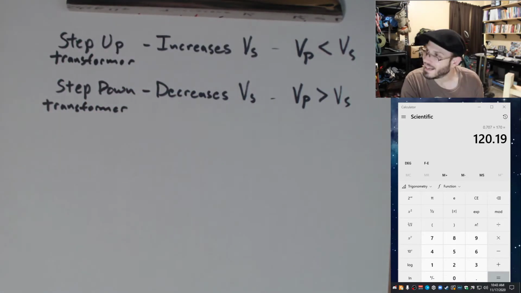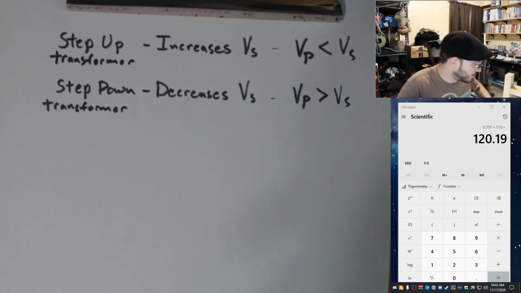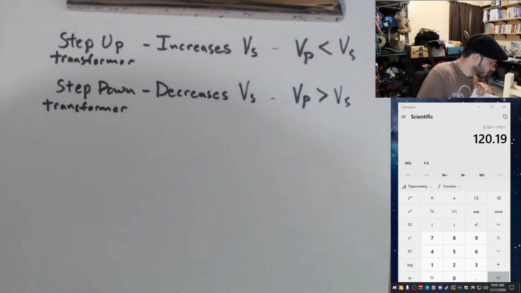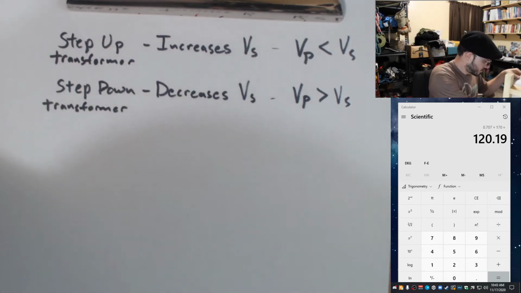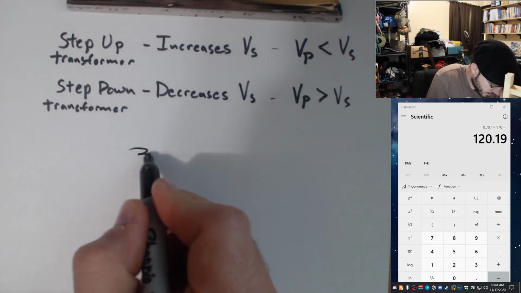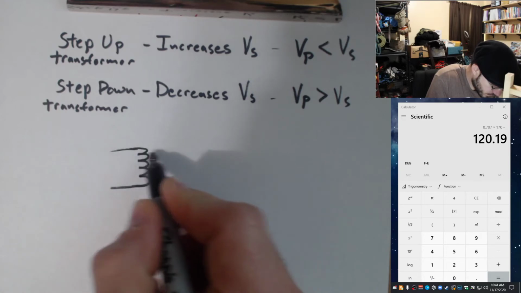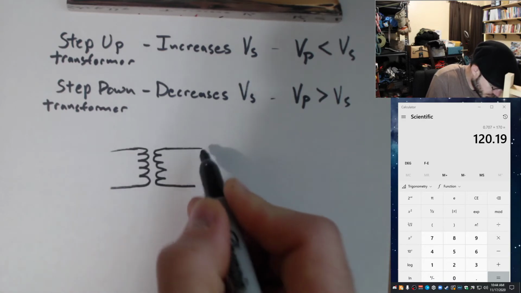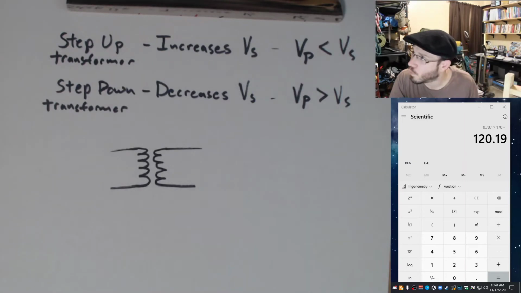So let's look at a step up transformer. Let's say we have 4 times the number of turns on the secondary than the primary.